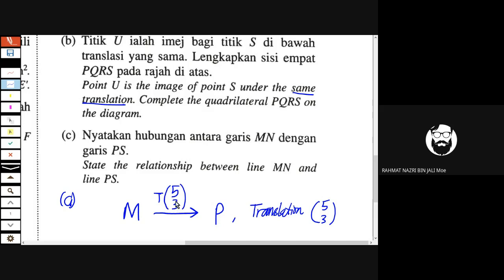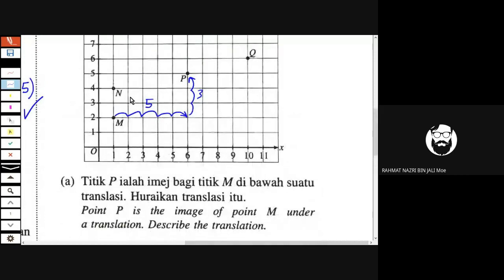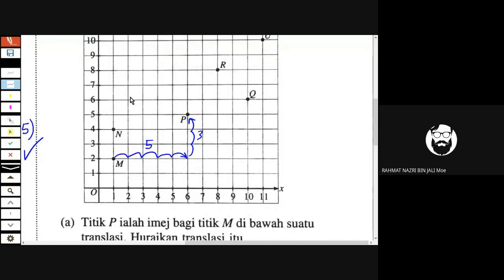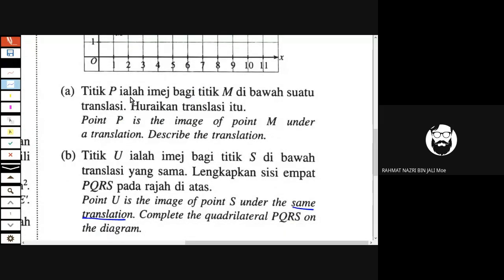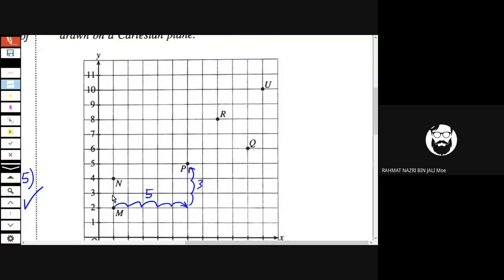Jadi semua ini akan apply with 5, 3. PQRS quadrilateral. Jadi sekarang kita akan lengkapkan quadrilateral PQRS. S kita tak jumpa lagi.